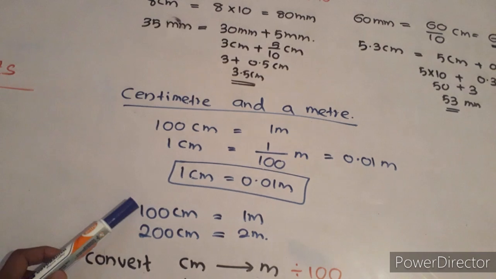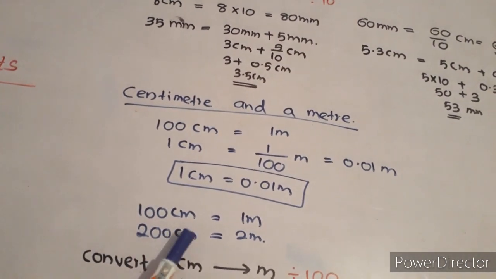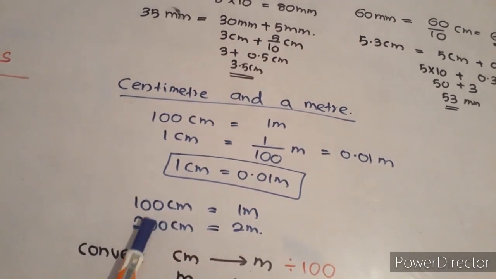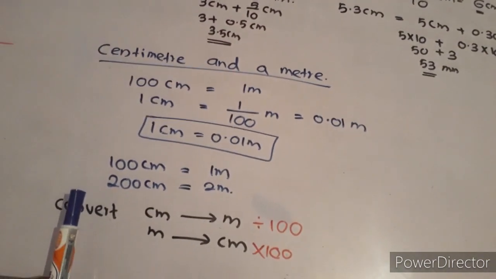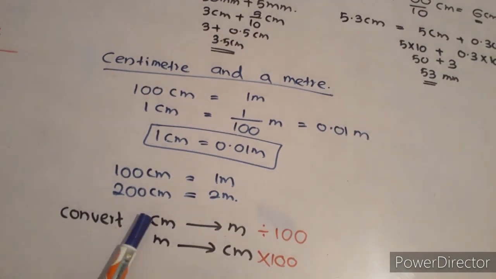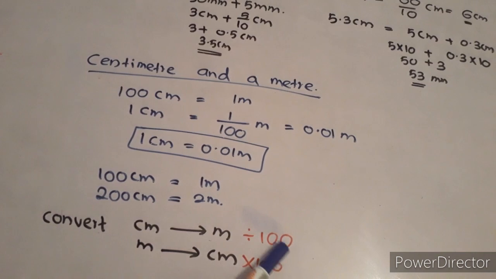Likewise, 100 centimeters is equal to 1 meter, 200 centimeters is equal to 2 meters. So how to convert centimeters into meters? Like earlier, to convert centimeters into meters, we have to divide it by 100.